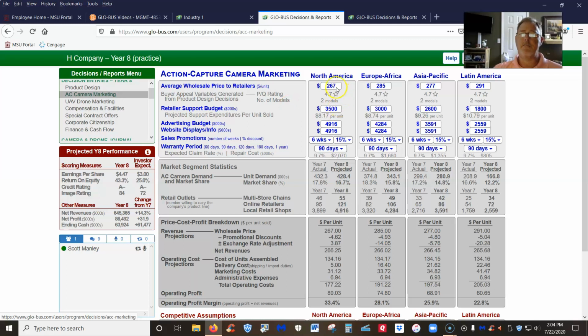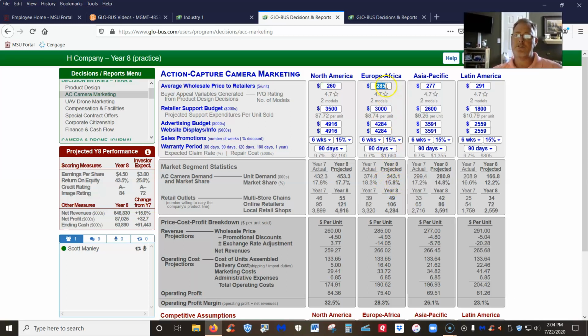All right. So the last piece of the puzzle, I think if I do this, that I'll really use my factory very, very well. So I'm going to go in here and I'm going to drop my price until I see an increase in demand. Okay, so I went down $7 there to 260. Okay, I'm going to go down here until I see a big increase in demand.